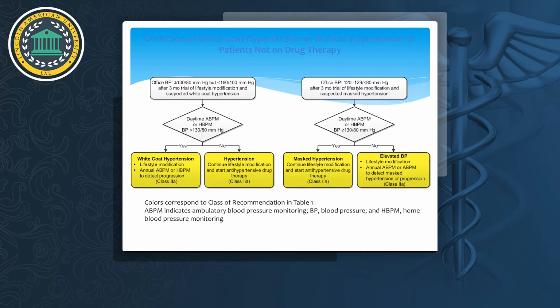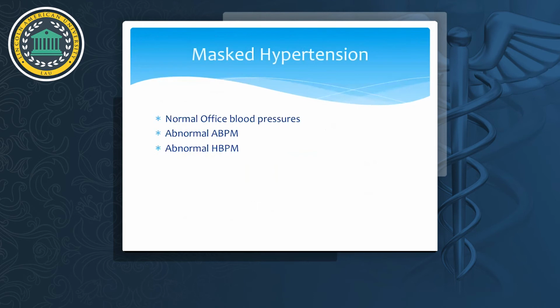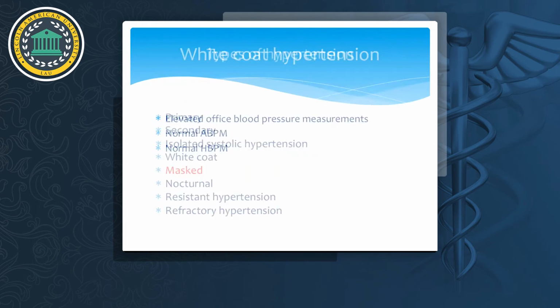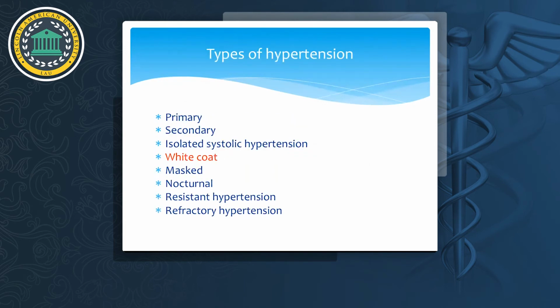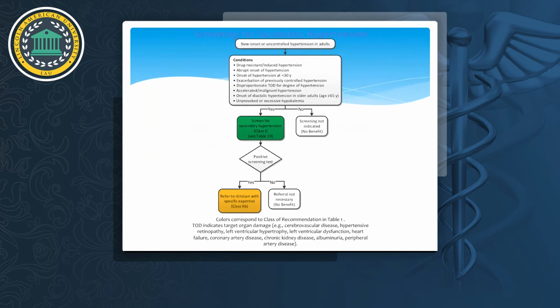As per my clinical practice, if a patient has disproportionate target organ damage for the degree of hypertension, as I mentioned in my previous slide, keep this point in mind.